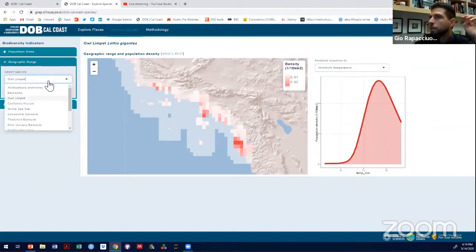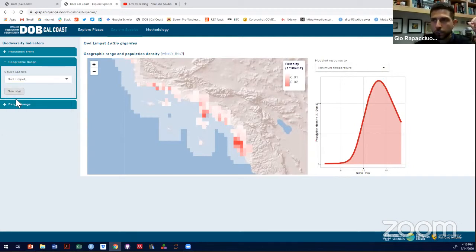So the list of species here is the list of species that satisfies the data availability requirements. So the species that are included in the marine long-term plot or count surveys, and that have enough data on iNaturalist, and that are generally recorded at the same time on iNaturalist as well, to address some of the bias issues.